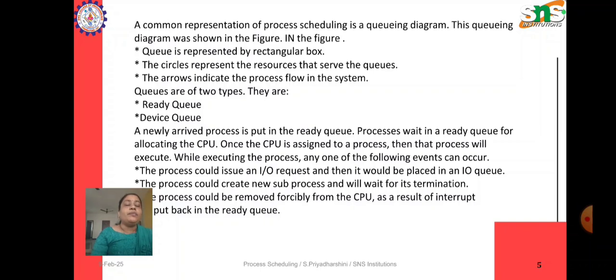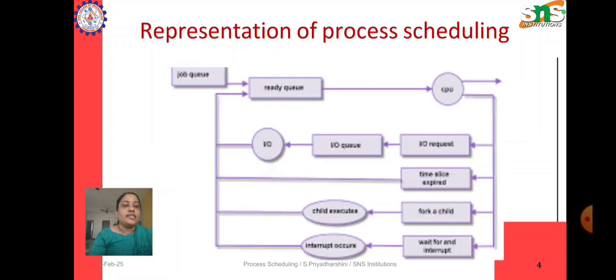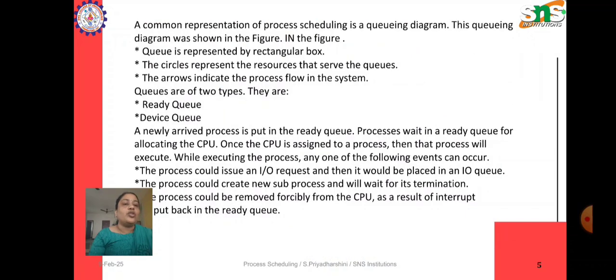A common representation of process scheduling is what we saw as a queuing diagram. In this queuing diagram, we have represented queues as rectangular boxes. Can you see the input-output queue? These are input-output requests. If there is a fork, an interrupt, the ready queue, the job queue, those are all represented as rectangular boxes. The circles represent the resources that serve the queues. The arrows indicate the process flow in the system.